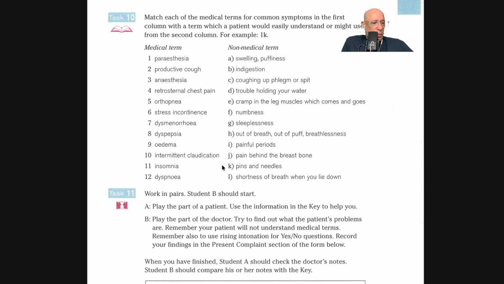All right, let's go through this. The language of the doctor and the patient. Medical term or non-medical term. The language that the patient most commonly identifies with. Take a minute to look at these 12 terms and try to get the best answers.